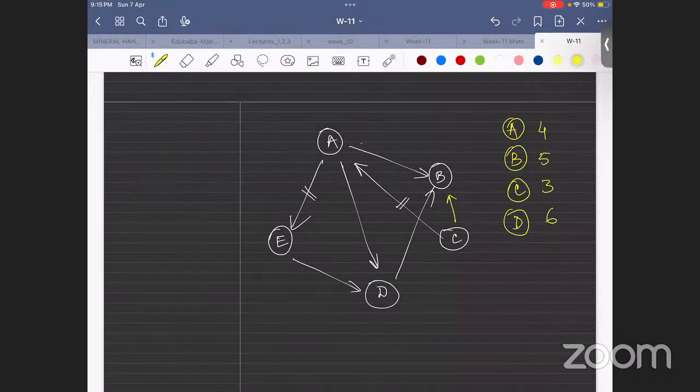The second is, can I make C to D? Yeah, C to D also I can make. Can I reach from C to E? Yes, sir. Okay. What's the next? Can I reach from E to B? Yes, sir. Okay. Anything else that you can think of?